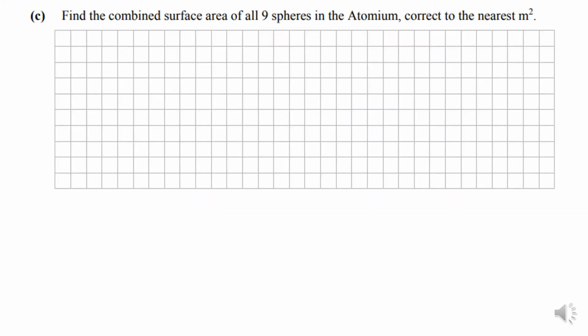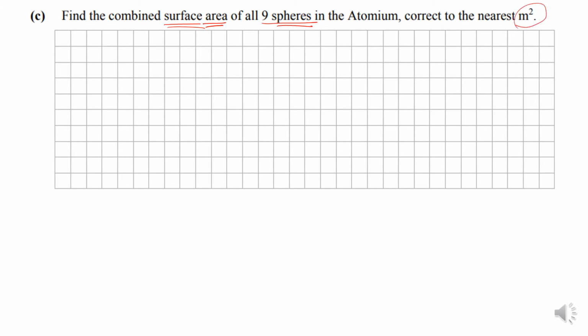Now, part C: find the combined surface area of all 9 spheres in the Atomium correct to the nearest meter squared. So what are we being asked for here? Find the combined surface area of 9 spheres in the Atomium correct to the nearest meter squared.